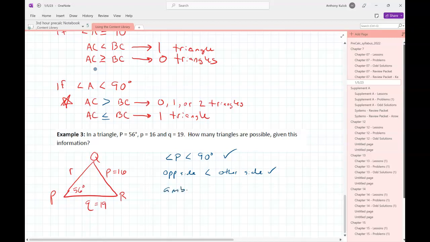So this is the ambiguous situation. We're going to have 0, 1, or 2 triangles. The way we figure out which situation we're in is we're going to just use the law of sines with what we have.